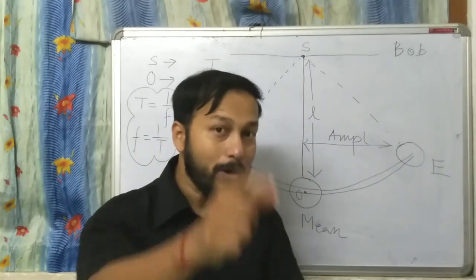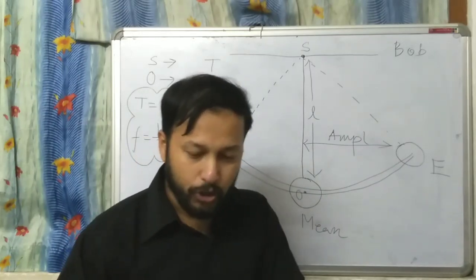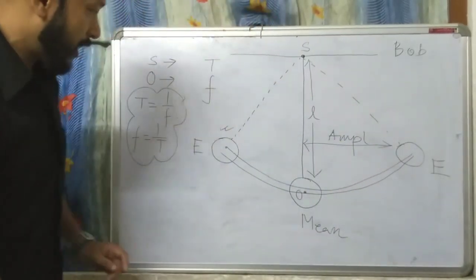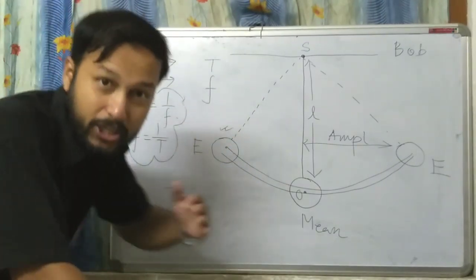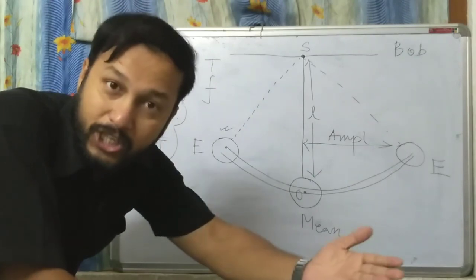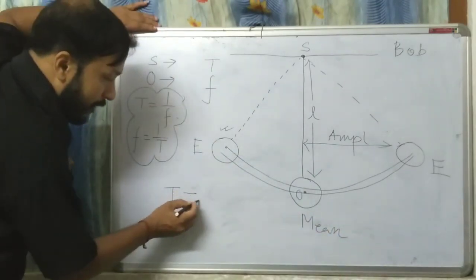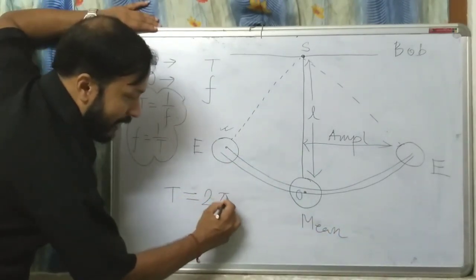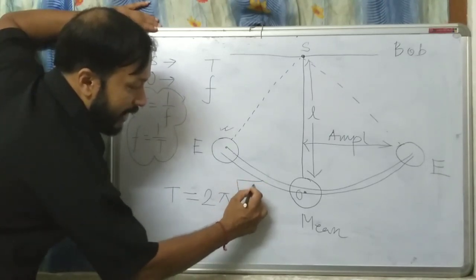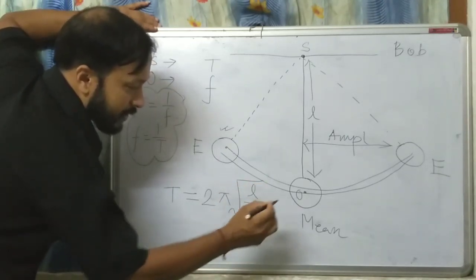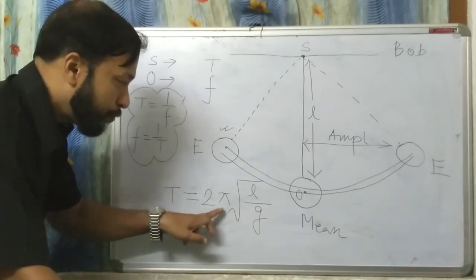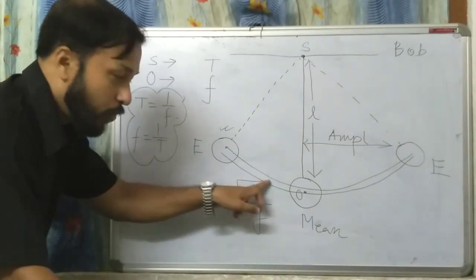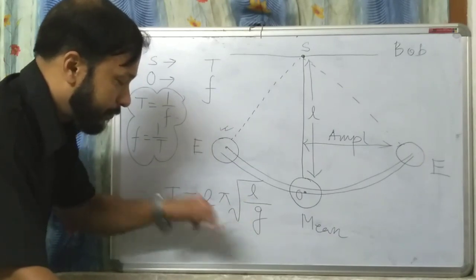Understood? There is one more relation. You have to remember that. See, what is that relation? Time period T equal to 2 pi root over L by g. Understood? Time period equal to 2 pi root over L by g.